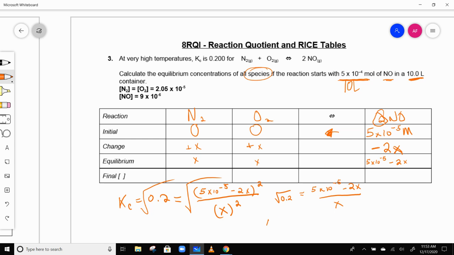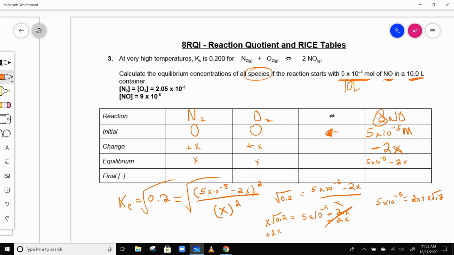So we get x times the square root of 0.2 equals 5 times 10 to the negative fifth minus 2x. We add 2x to both sides. That cancels that. So 5 times 10 to the negative fifth equals 2x plus x square root of 0.2.